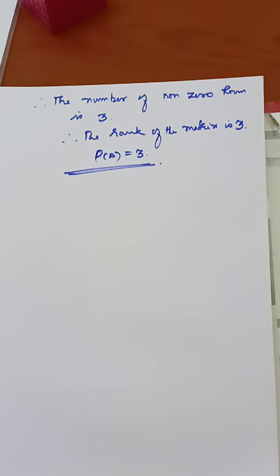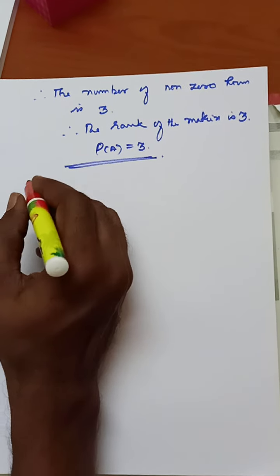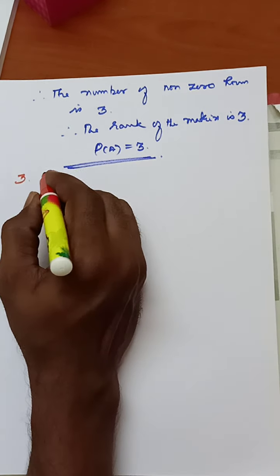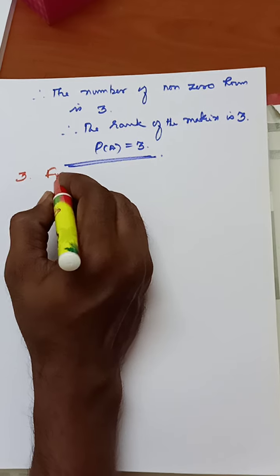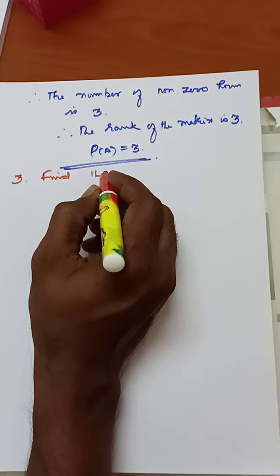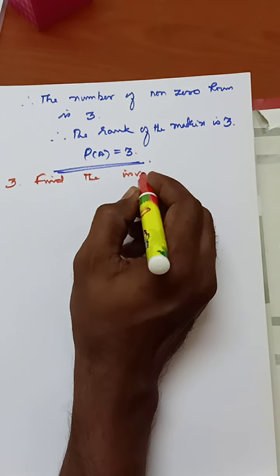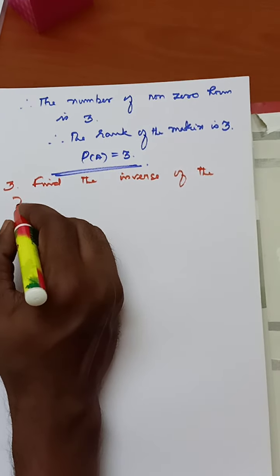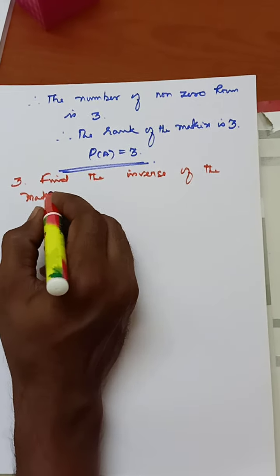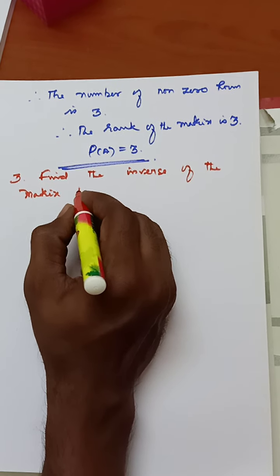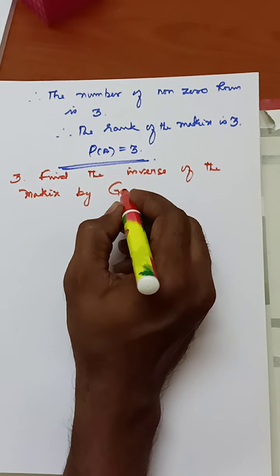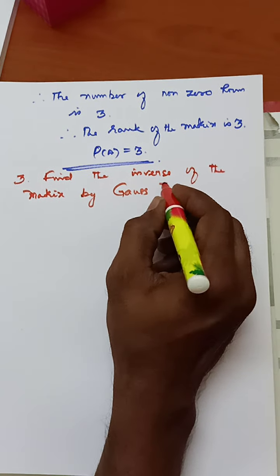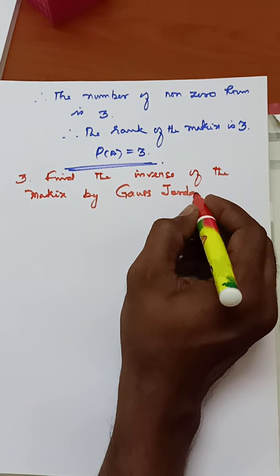The next one, you have the Gauss-Jordan method. So what is the Gauss-Jordan method? Finding the inverse. Find the inverse of the matrix by the Gauss-Jordan method.